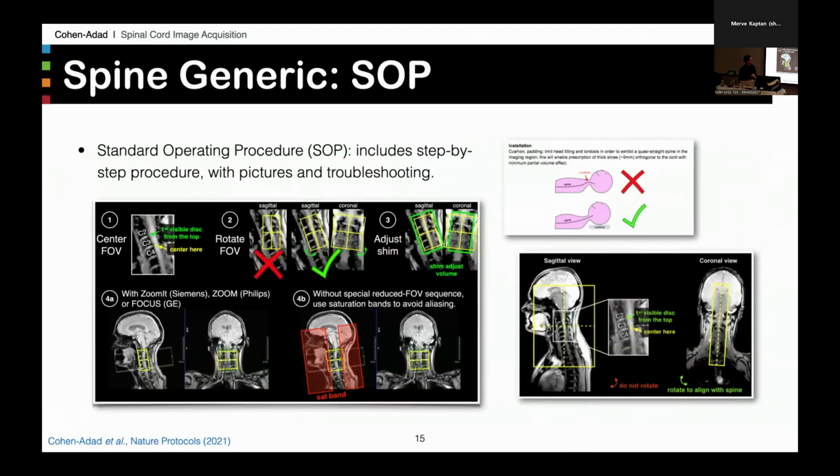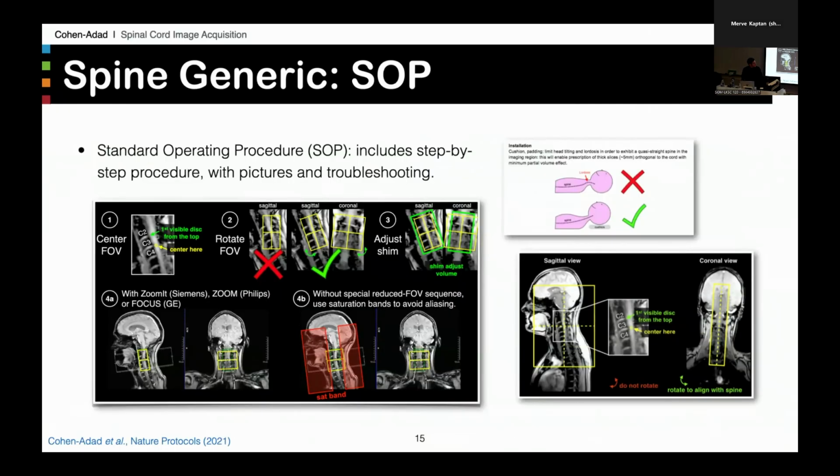A bit more complicated for diffusion, because depending on the license or the scanner you have access to, you might be able to use 2DRF or Zoom based approaches, or if you cannot, then you need to use SAT bands. And the goal really is to reduce the matrix size and minimize susceptibility-related distortions.